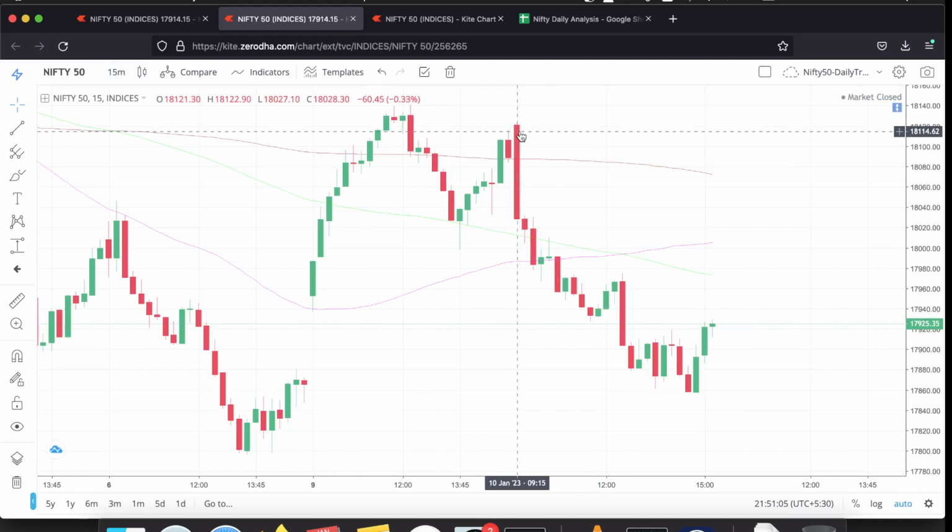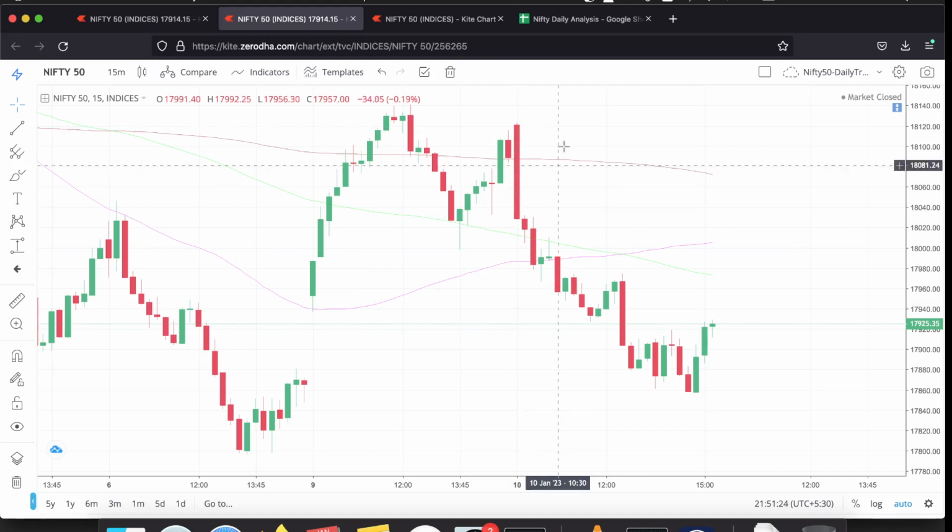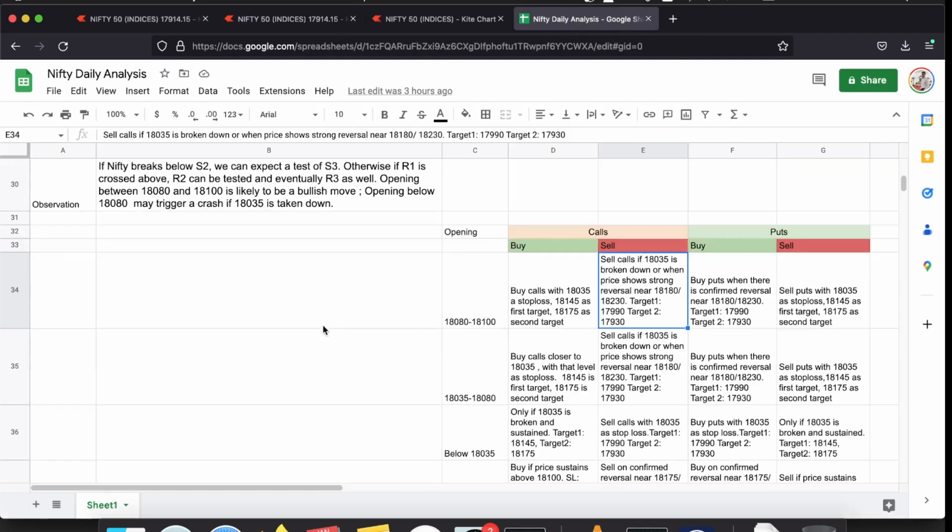Even within the first 15 minutes, Nifty faced a lot of sell-off, starting right above previous close. It almost ended below 18,030 even within the first 15 minutes. So that is exactly what I have mentioned in the analysis yesterday.